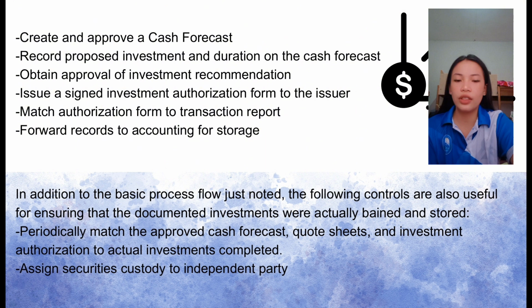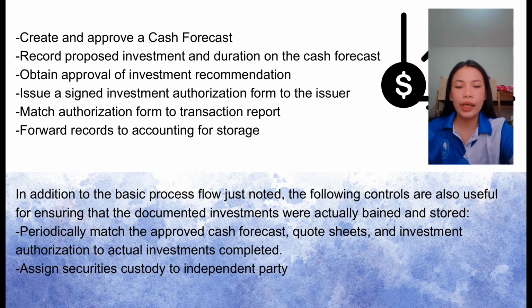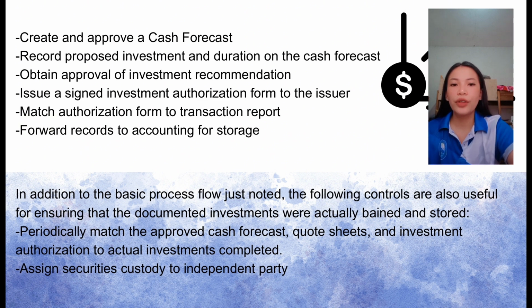The last is assign securities custody to an independent party. Assigning securities custody to an independent party means letting another trusted entity hold and protect your investment. This is common because it provides a higher level of control and security.